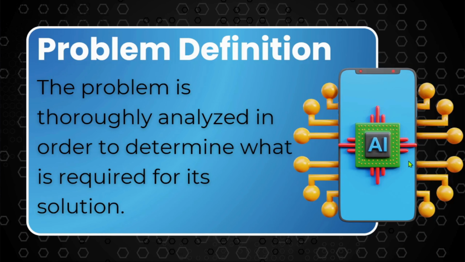Okay, now the first step is defining a problem, or what we call problem definition. The problem is thoroughly analyzed in order to determine what is required for its solution. We need to begin with recognizing the need for information.